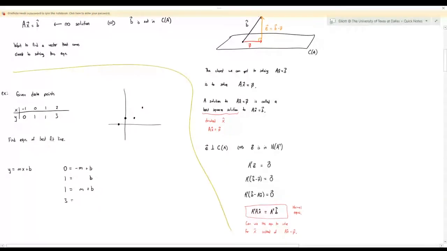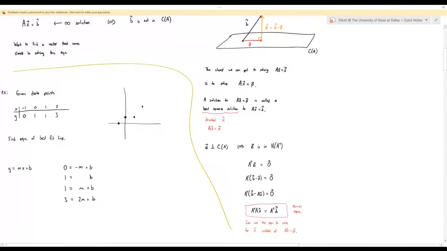That will give us 3 equals 2m plus b. So we have a system of equations, but what's happening is there's actually going to be no solution. The reason there is no solution to the system of equations is because there is no line that would pass through all 4 of these points.